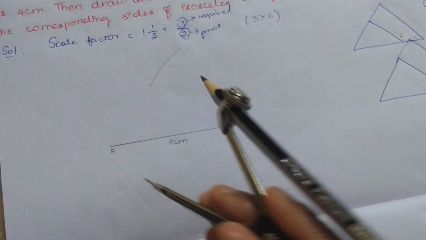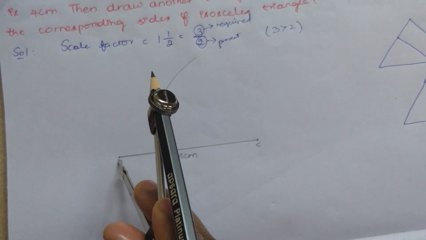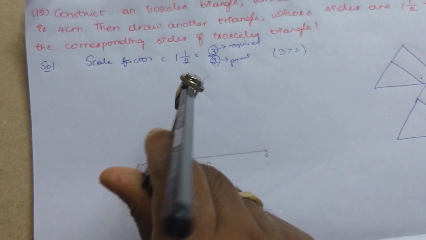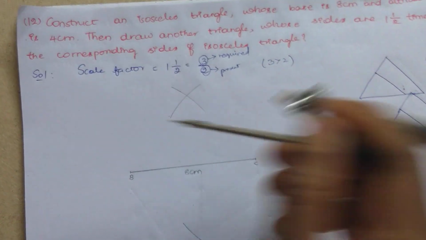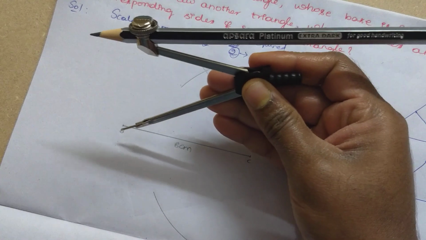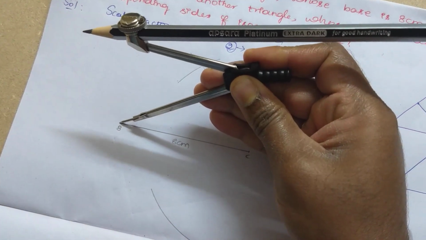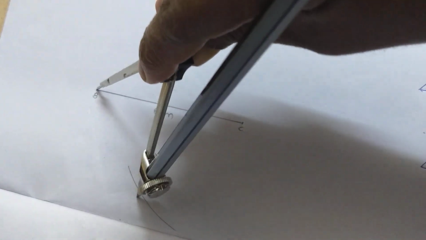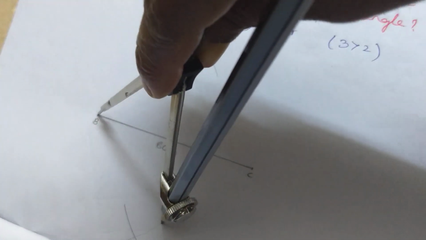The same way, draw it from the point B also. So this is the point B. One arc here, the same way. Clear?